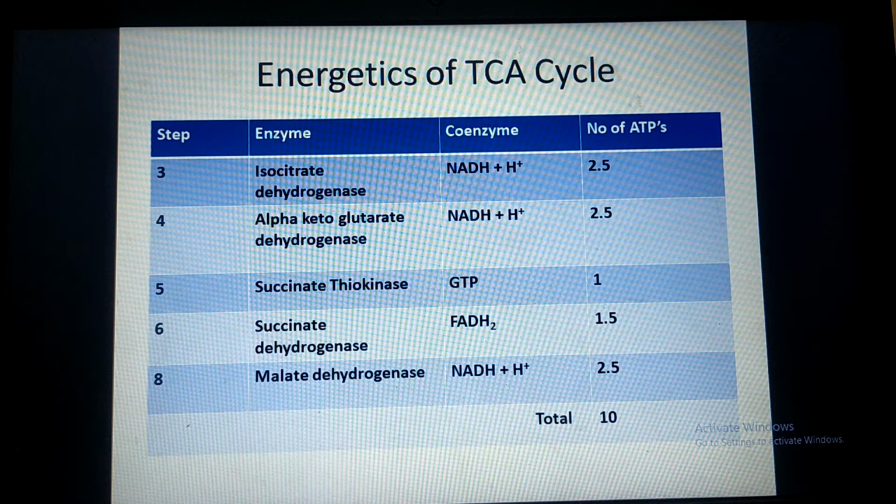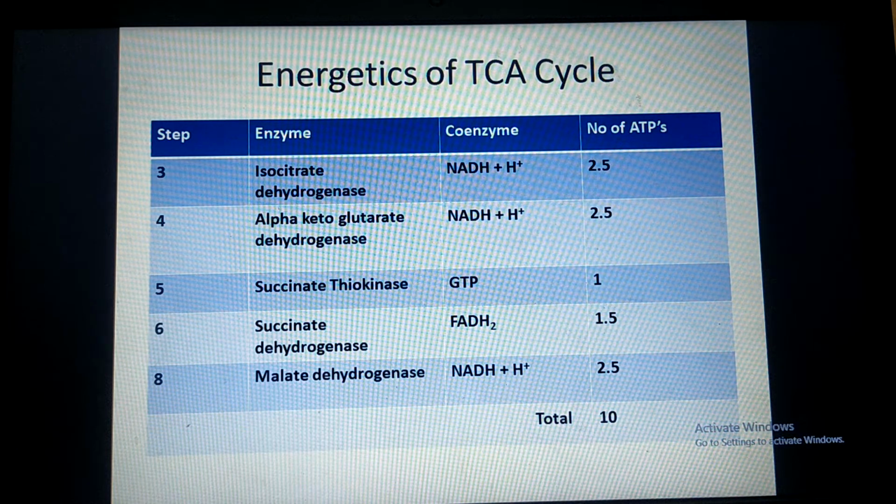Similarly, alpha ketoglutarate dehydrogenase also removes two hydrogen atoms from the substrate which are accepted by NAD to form NADH, which also gives 2.5 ATP molecules.